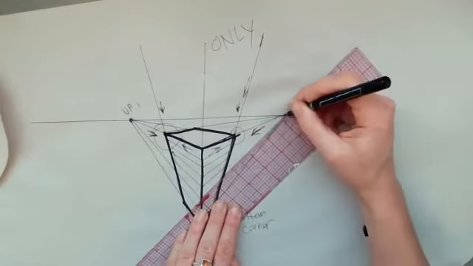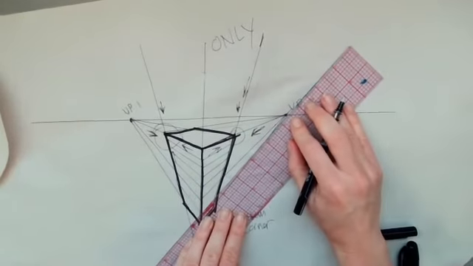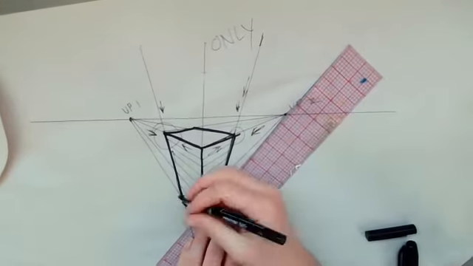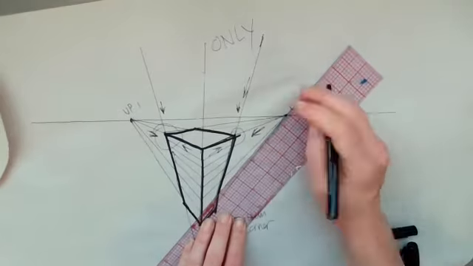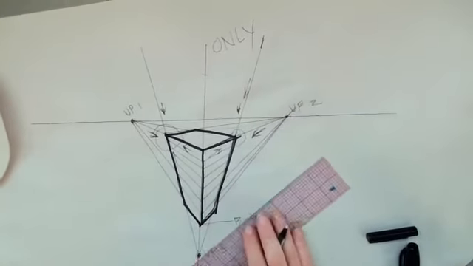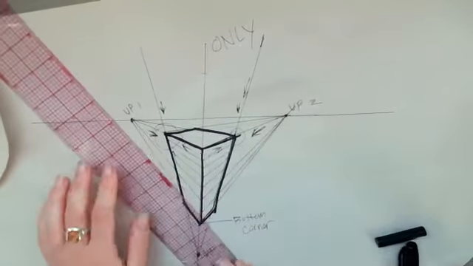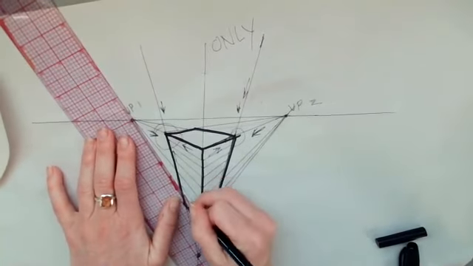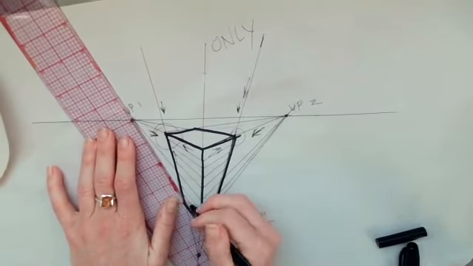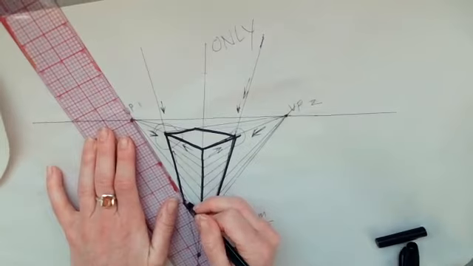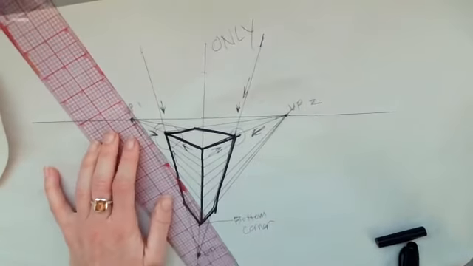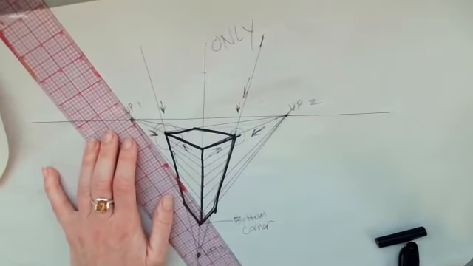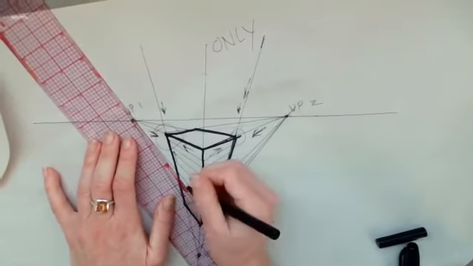But if you're new to this and you really want those guides to make sure you're doing it all the way, go on and do it. Okay, and I kind of did this the janky way where I didn't measure it closely enough. So I'm going to try to tighten my lines in the space between them to get a little closer together. Right, because it's supposed to be bigger at the top, tighter at the bottom.